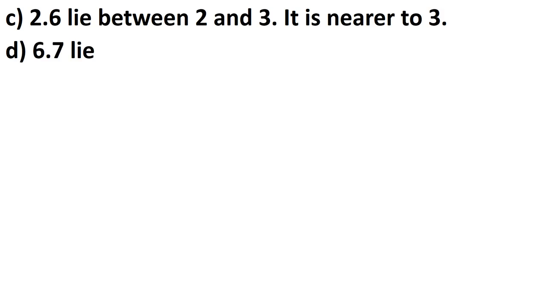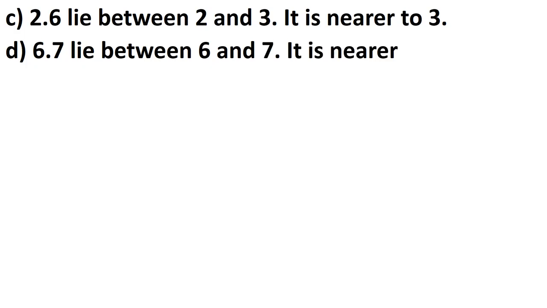This is the C part. D, 6.7 lies between 6 and 7 and it is nearer to 7. It is not nearer to 6 because the decimal part is 7.